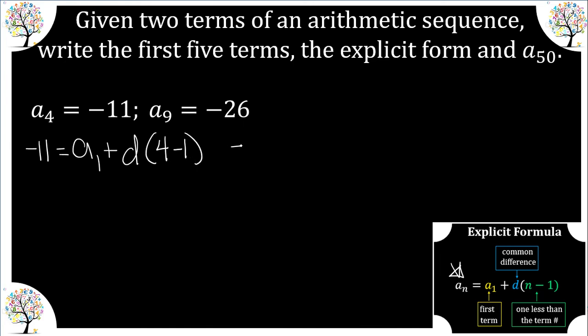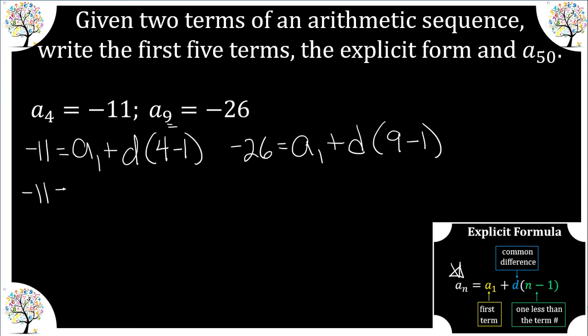The next term is negative 26. We don't know the first term, we don't know the pattern, but we do know negative 26 is the 9th number in the list. Now let's simplify each of these.